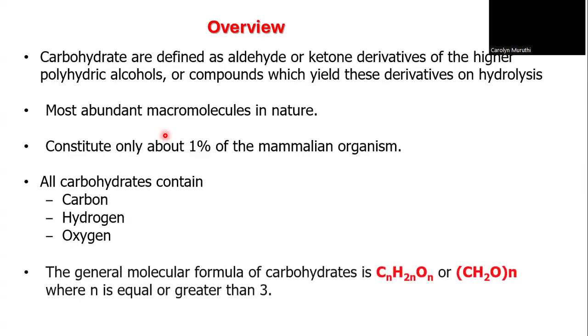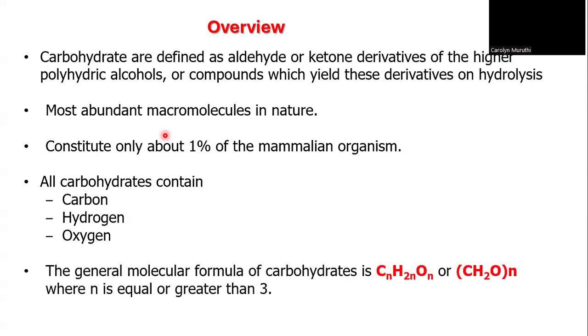Many but not all carbohydrates have the empirical or general molecular formula of CnH2nOn. And of course, C stands for carbon, H for hydrogen, and O for oxygen, and the value of n is equal to or greater than 3. However, there are some carbohydrate compounds that may have nitrogen, phosphorus, or even sulfur.